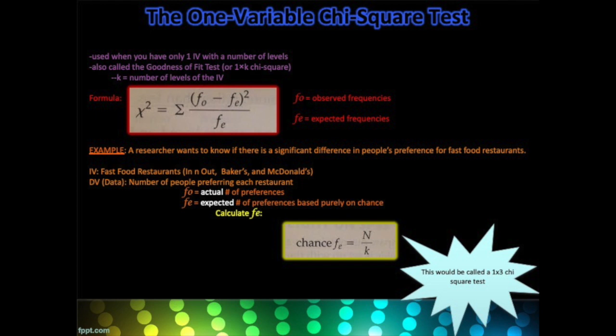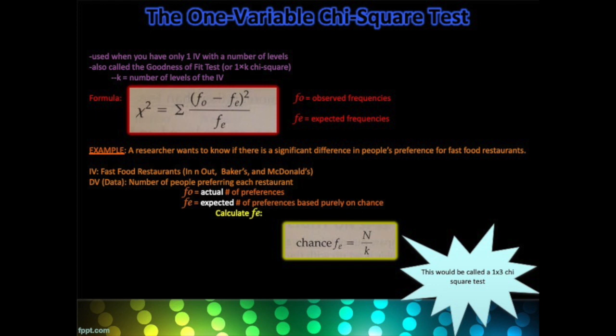So if we had 75 people, we would expect the FE to be 25, because just by chance we would assume that if we had 3 levels and we had 75 people, we would just divide up those 75 people into an equal number of people preferring each group, and that would be our FE.